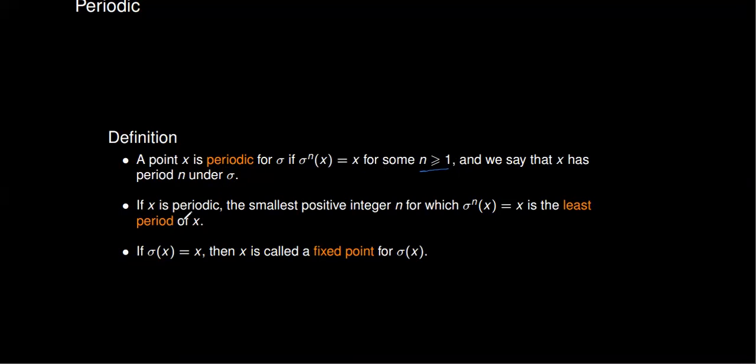And if x is periodic, the smallest positive integer n for which sigma to the n of x is equal to x is the least period of x. Also, in the special case that n is equal to 1, sigma of x is equal to x, then x is called a fixed point for sigma.